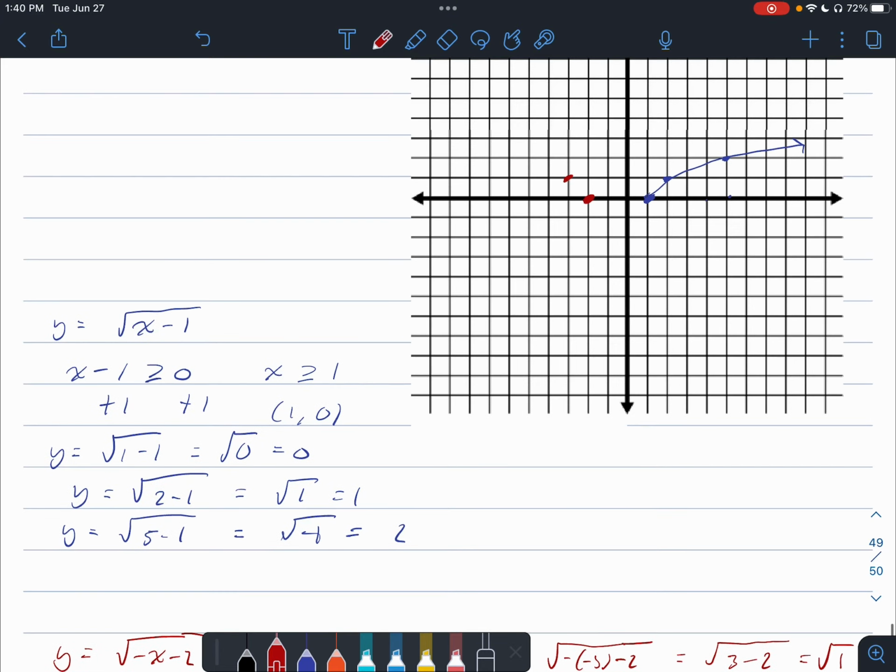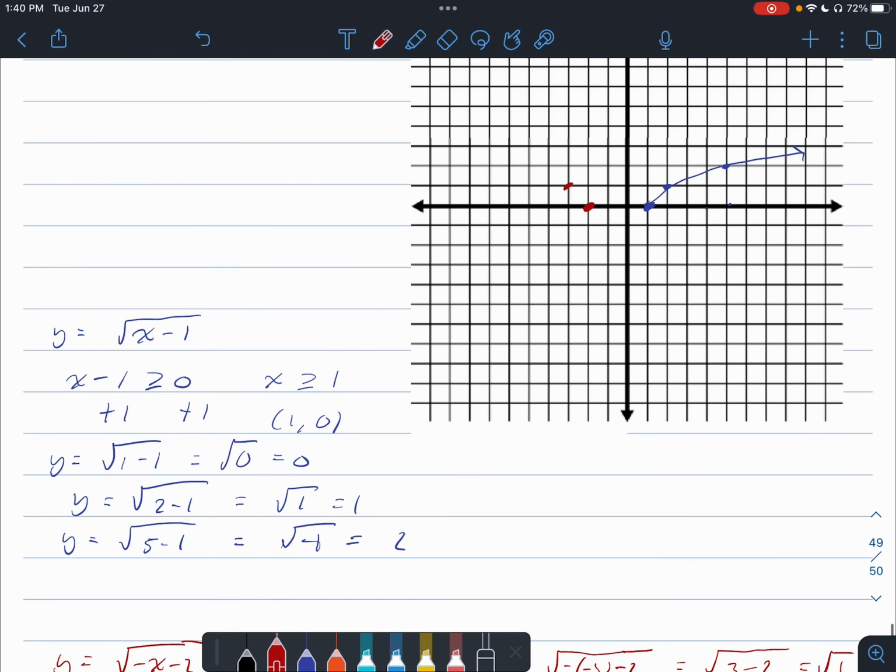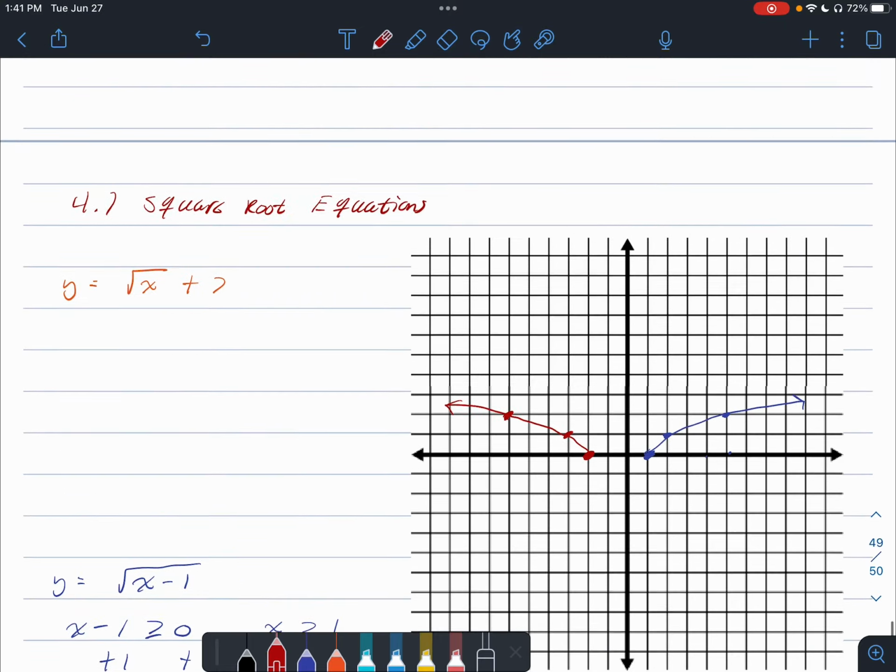So for -6, we'll get 2. So this is the basic shape for our graph here.